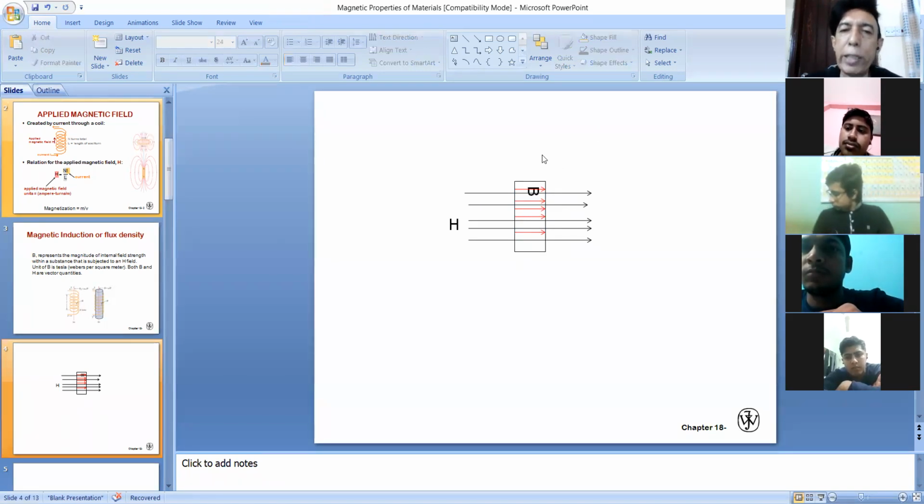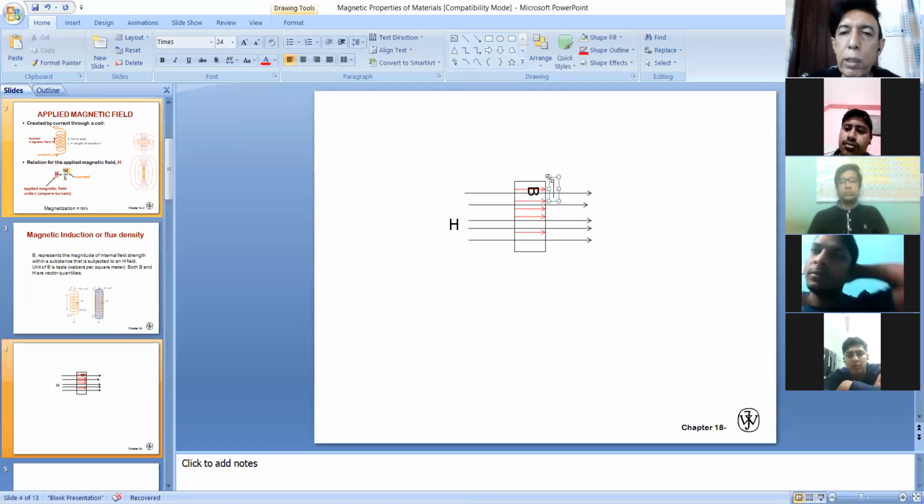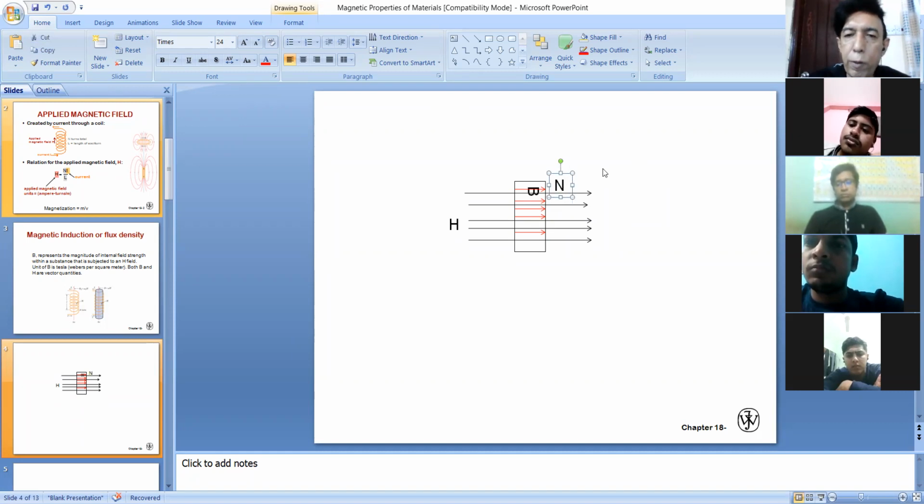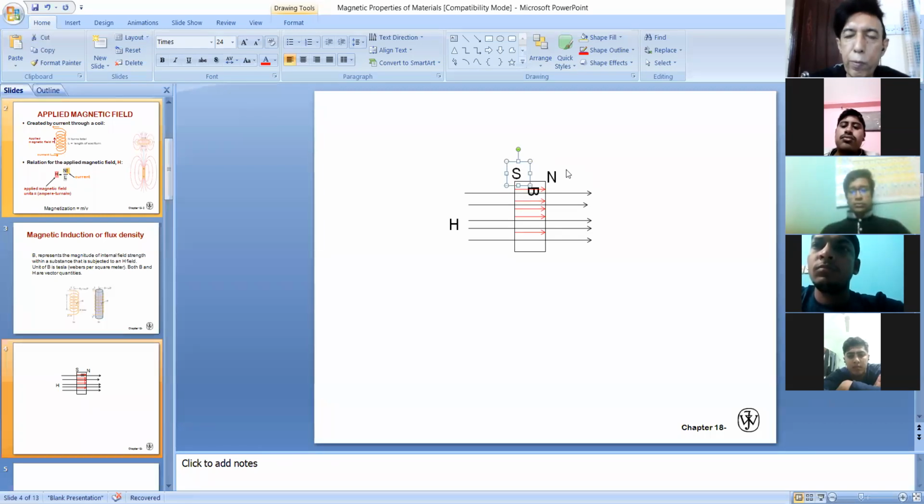But outside it, say for example, this is North Pole and this is South Pole.